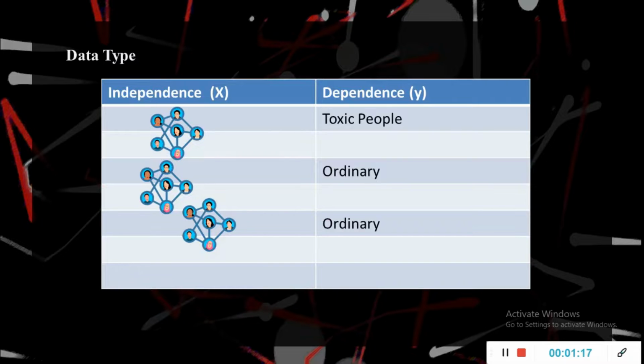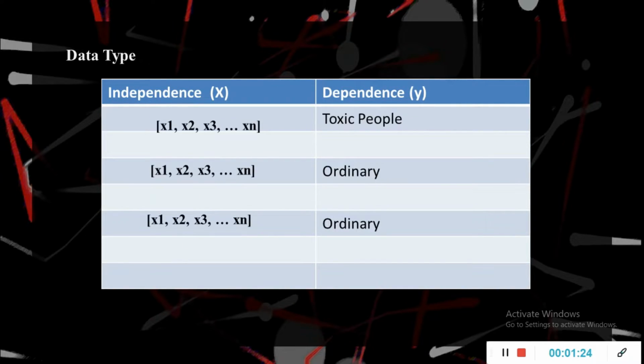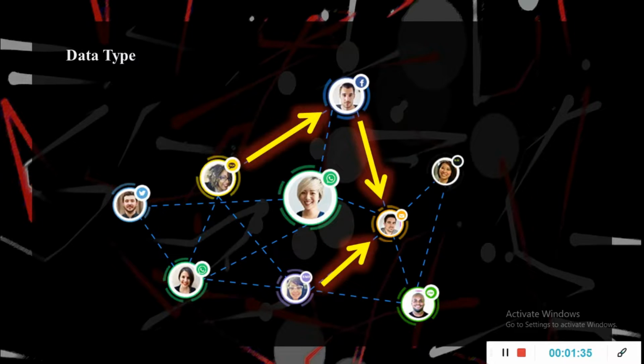Then what do we need to do? We need to convert this network into some kind of tabular data, where we have these features and these features belong to this class. So how can we do this?